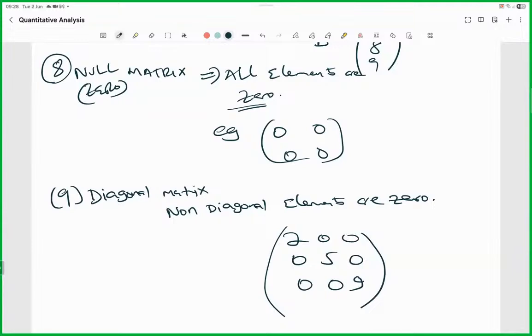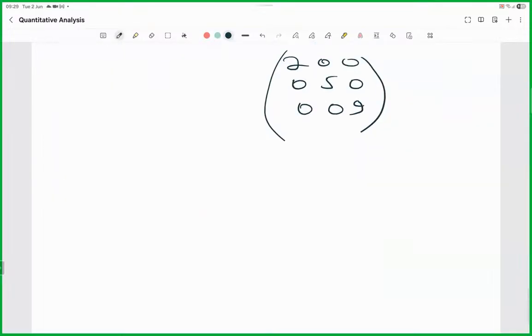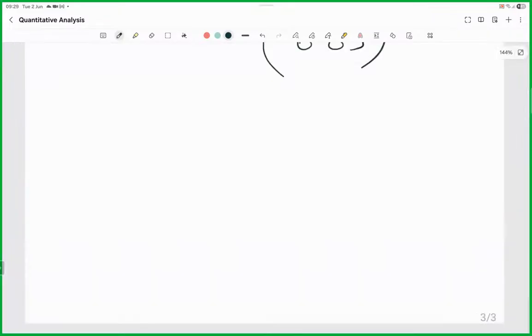Now then we go to matrix algebra. When we talk of matrix algebra, what do we mean?